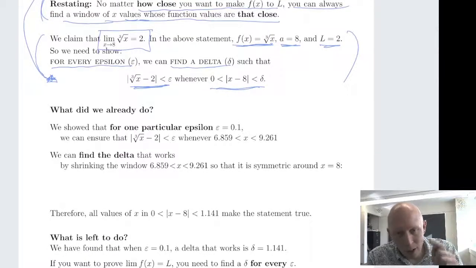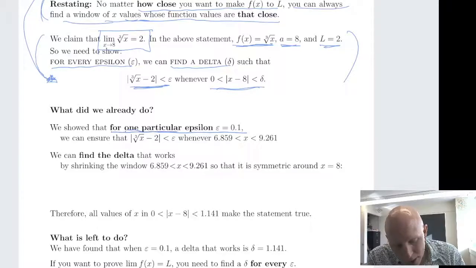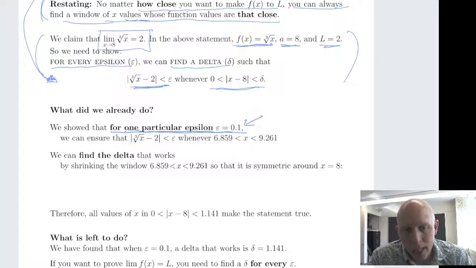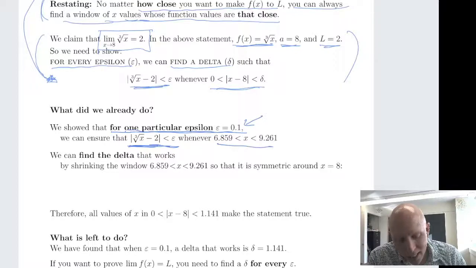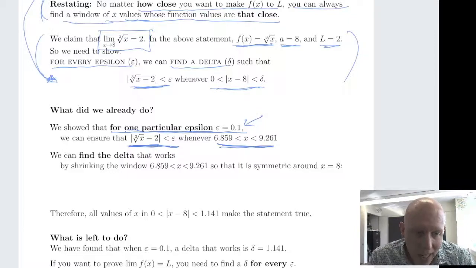So we already approached this for one particular epsilon. On the previous page, we had that epsilon was equal to 0.1. And what we showed on the previous page was that we can ensure that the distance between the cube root of x and 2 is less than 0.1, less than epsilon, whenever x is in this interval: x is between 6.859 and 9.261.